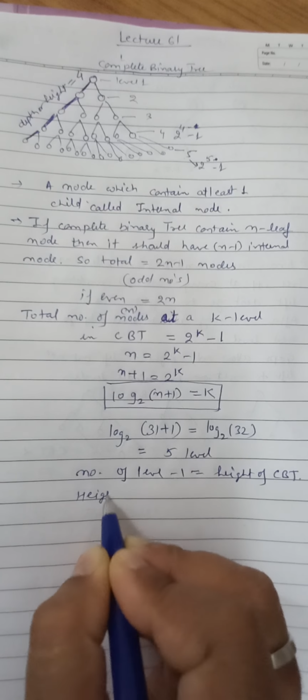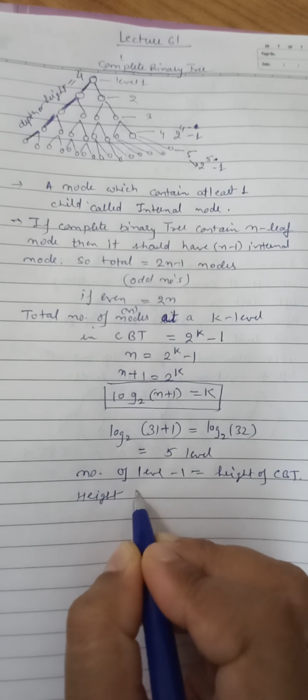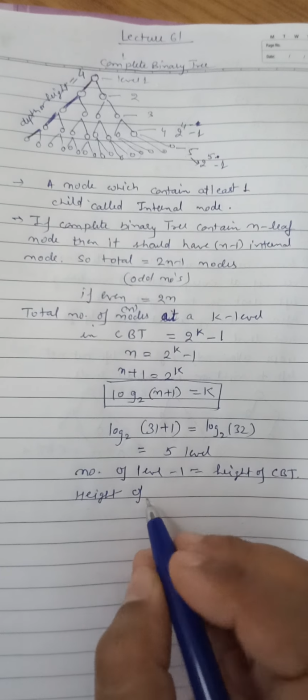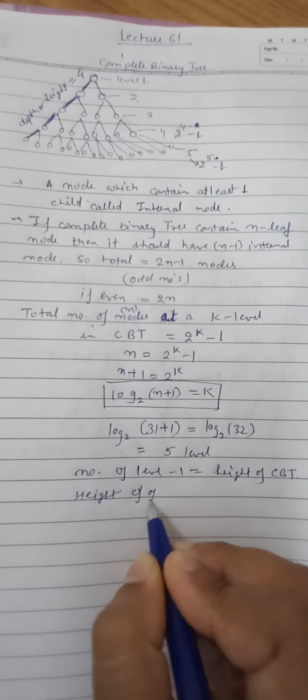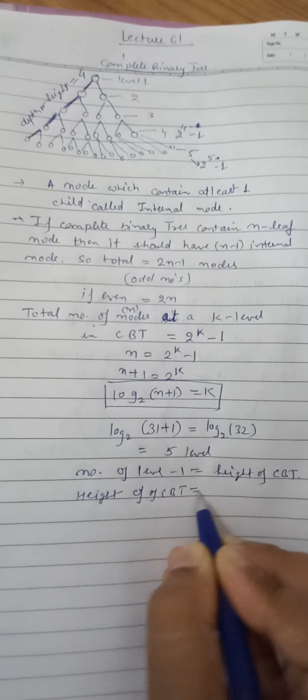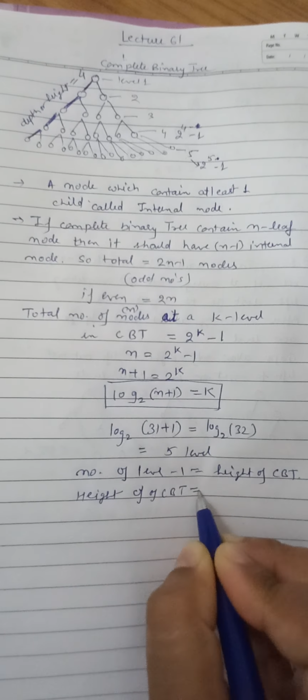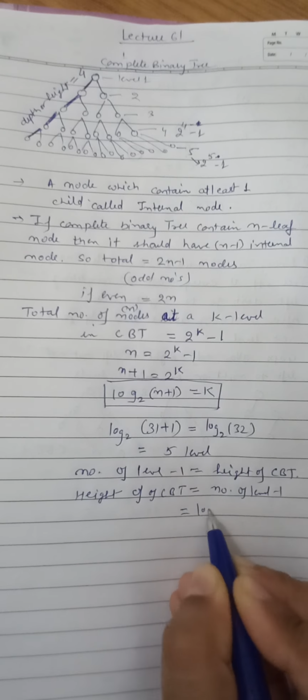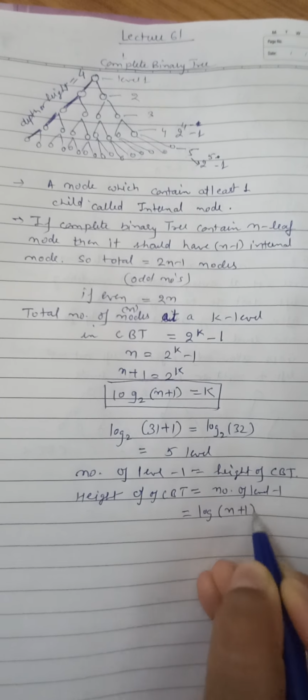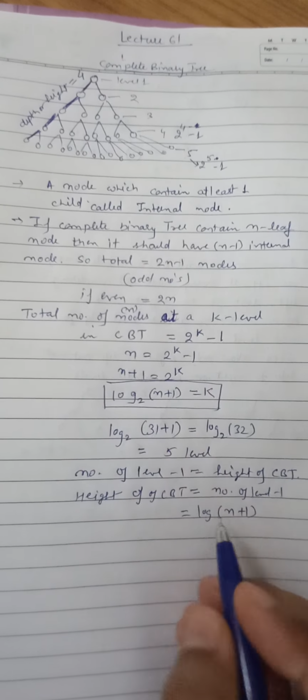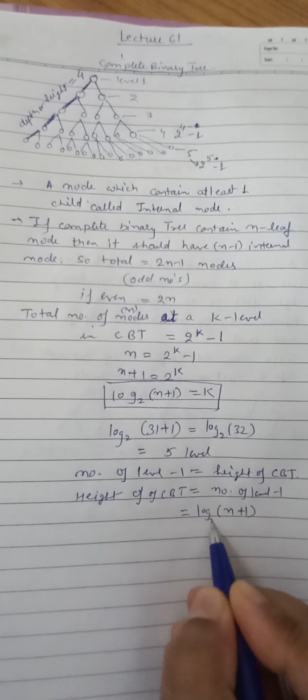So the height of a complete binary tree is equal to number of levels minus 1, or we can say log base 2 of n plus 1 is the number of levels, minus 1.